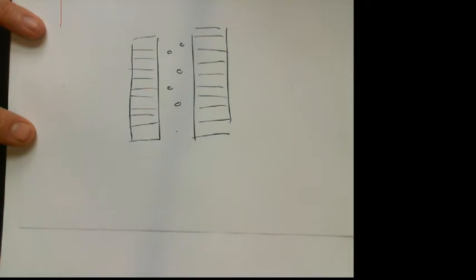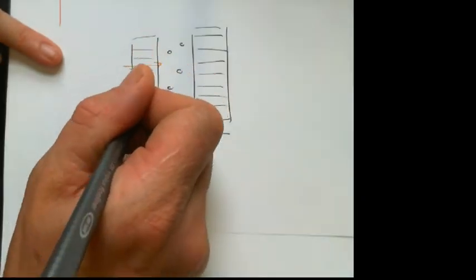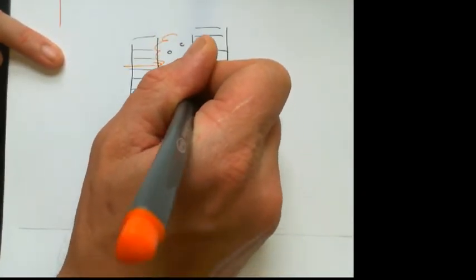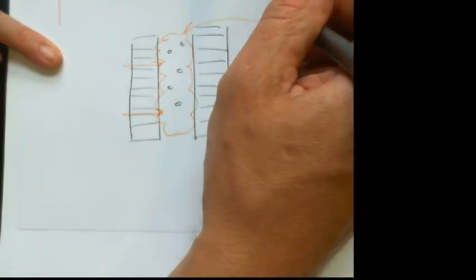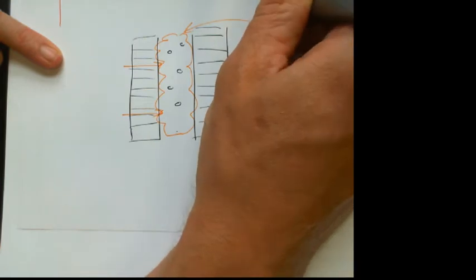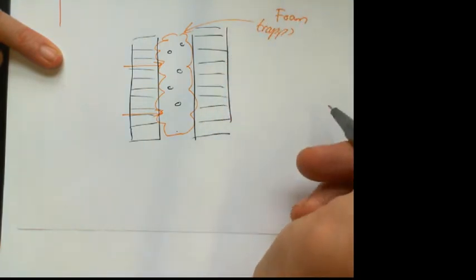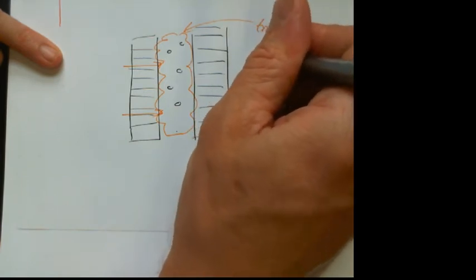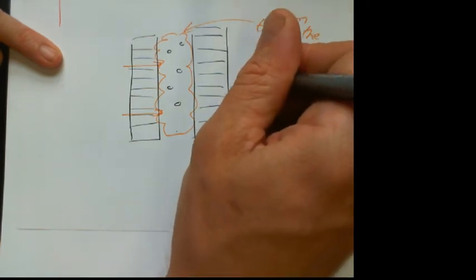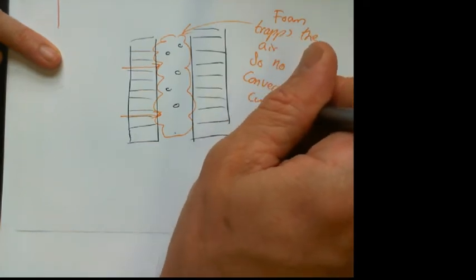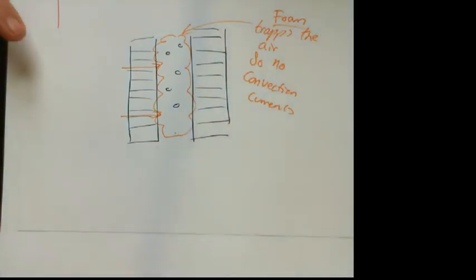But it is even better if you drill into the wall and then inject into the wall a load of foam. And the reason why it's better is because that foam then traps the air, so no convection currents. Okay.